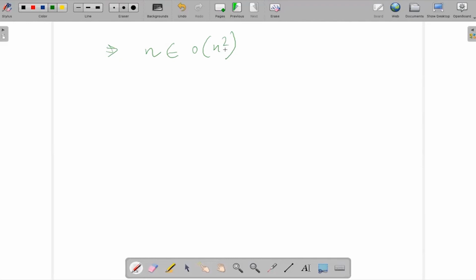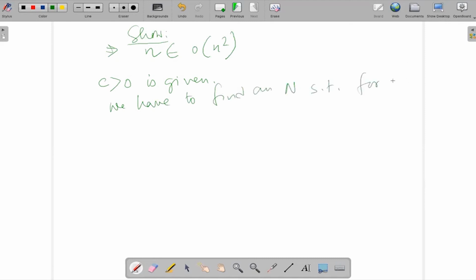Now we are asked to show that n is also in small o of n square. Let us assume that C greater than 0 is given. So we have to find an N such that for all n greater than or equal to N, n is less than or equal to Cn square.